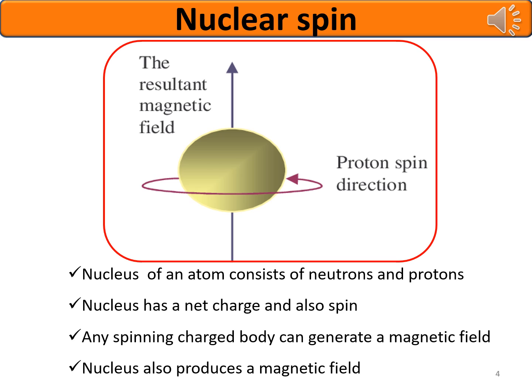That is, a nucleus has a net charge. All the subatomic particles like electrons, protons and neutrons can be imagined as spinning on their own axis. That is, they have a spin. So the nucleus also has a spin. Any spinning charged body can generate a magnetic field. Likewise, a nucleus also produces a magnetic field.